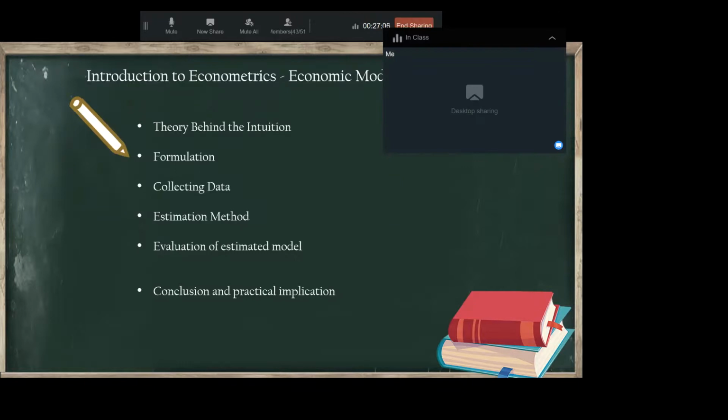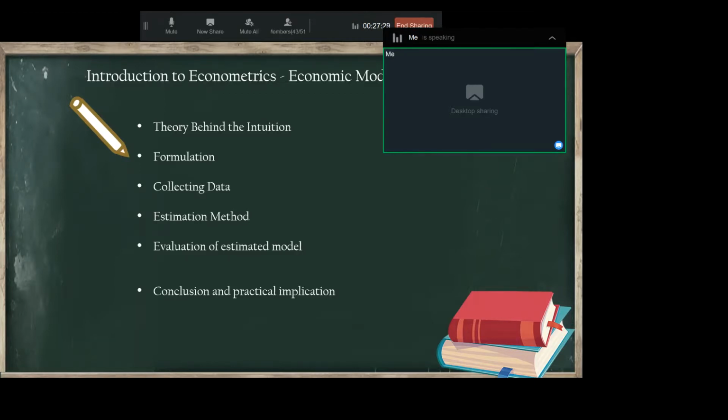Now we have estimated the model. Now what do we get? The results. So what are the results? Results are basically the evaluation of your estimated model, running the test on the estimated model: is it significant or not? Now is the time to retrieve the results, that is, the parameters.